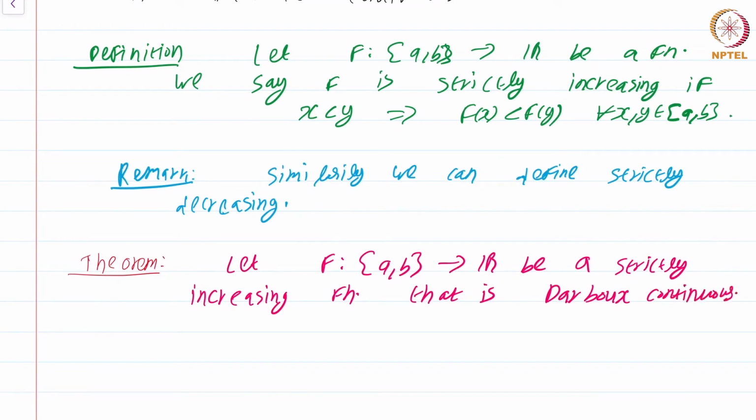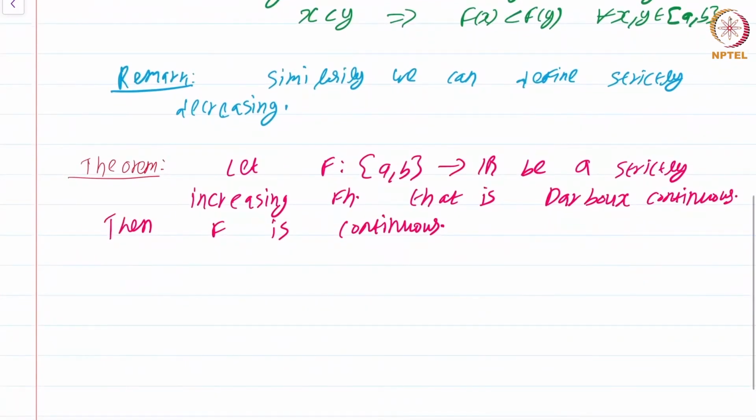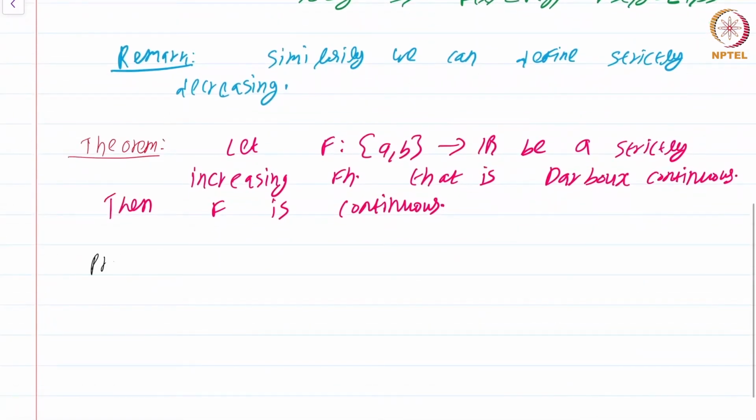Then f is continuous. Okay, how do we prove this? The proof is not at all hard. We have all the tools at our disposal and we will not be using any of them to show this.